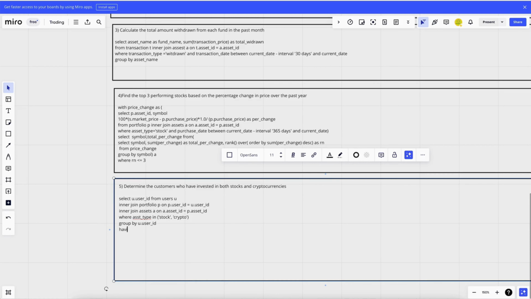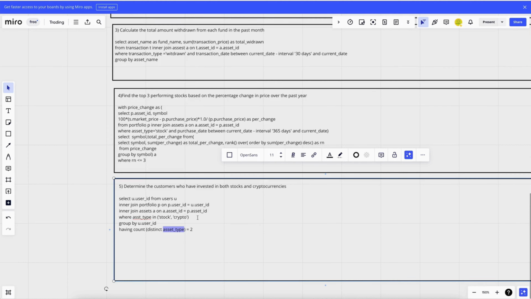And the other condition we have to check is having count of distinct asset type is equal to 2. So let's say a user bought only stock here, then the count of distinct asset type will not be equal to 2.